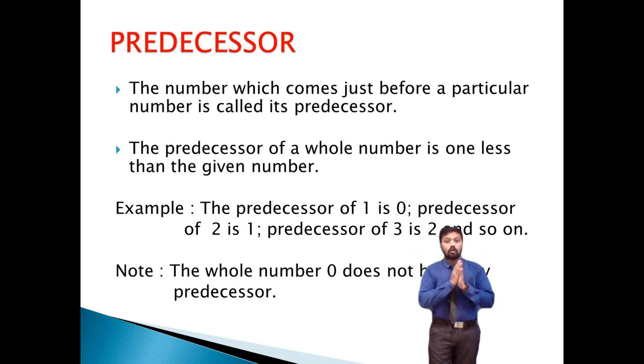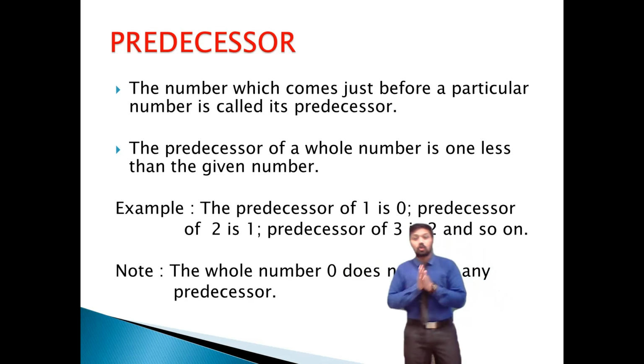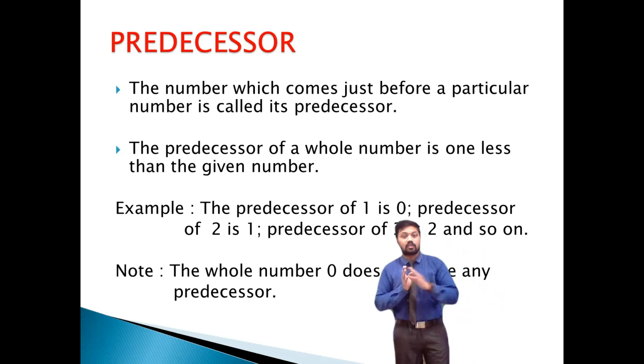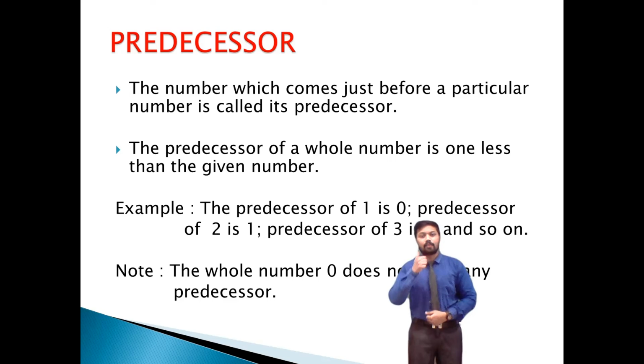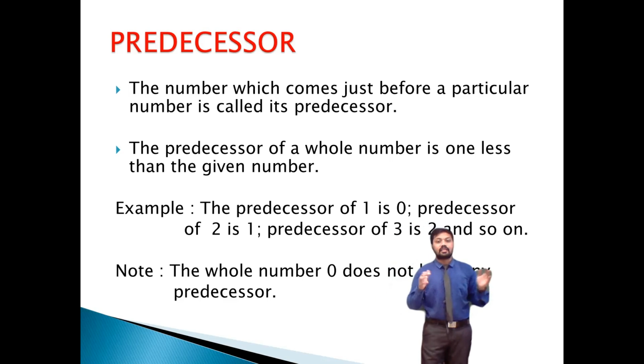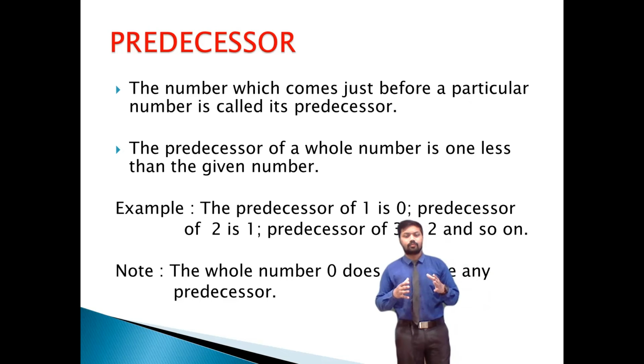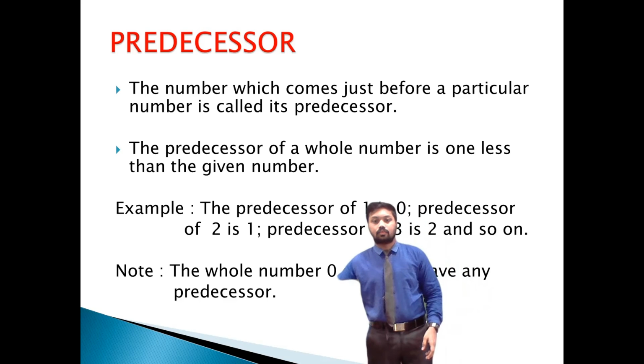In natural numbers, 1 does not have any predecessor because it is the smallest natural number. In whole numbers, 1 will have a predecessor, which is 0. In natural numbers, we do not have it. In the same manner, 0 does not have any predecessor in the whole numbers.